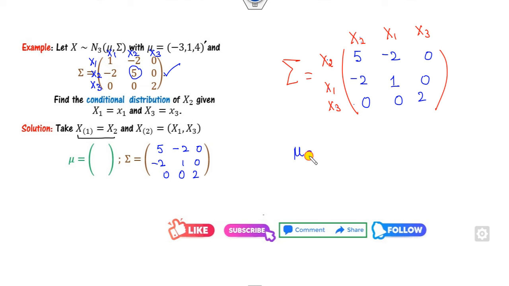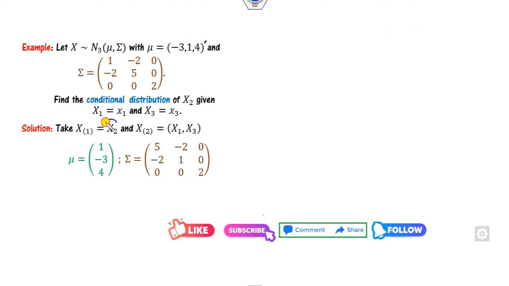Can you define the mu? Mu will be my x2, x1, x3. What is the mean of these 2? 1. Mean of the 1 is this, and so this number will be my this part. Fine. Now what is the dimension of this? 1. So it means x2 condition x1, x3 follows N1.